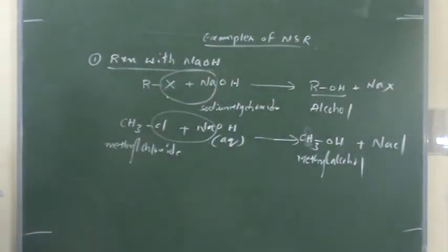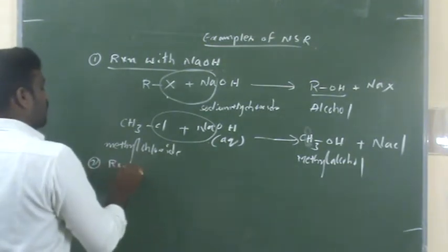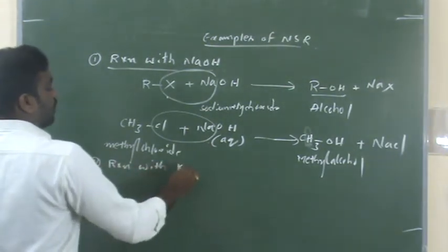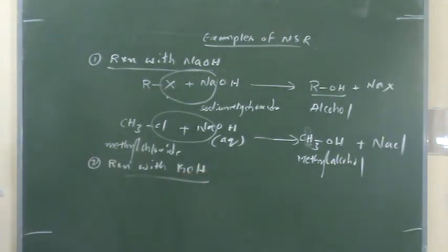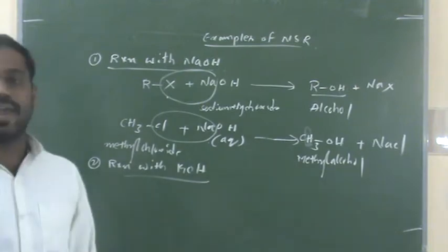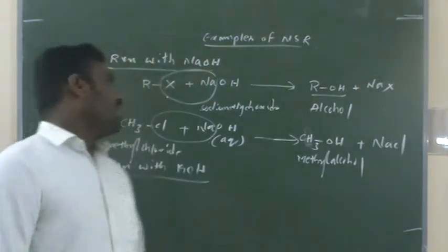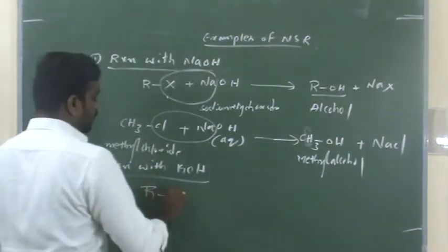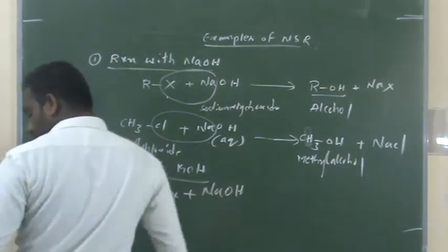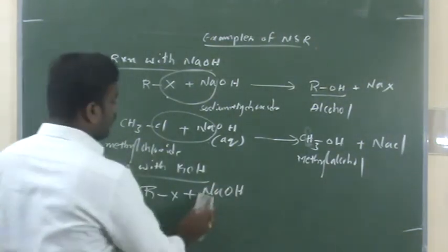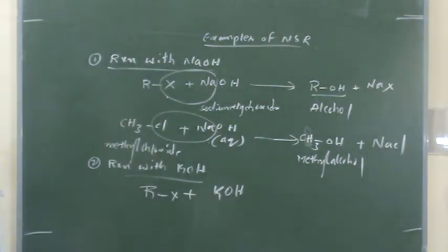Okay, so this is about the reaction with NaOH, and the second one is reaction with KOH. This is very important. Here again KOH is in aqueous state, not alcoholic state. Aqueous KOH is nothing but aqueous potassium hydroxide. When this RX reacts with KOH, what is KOH?